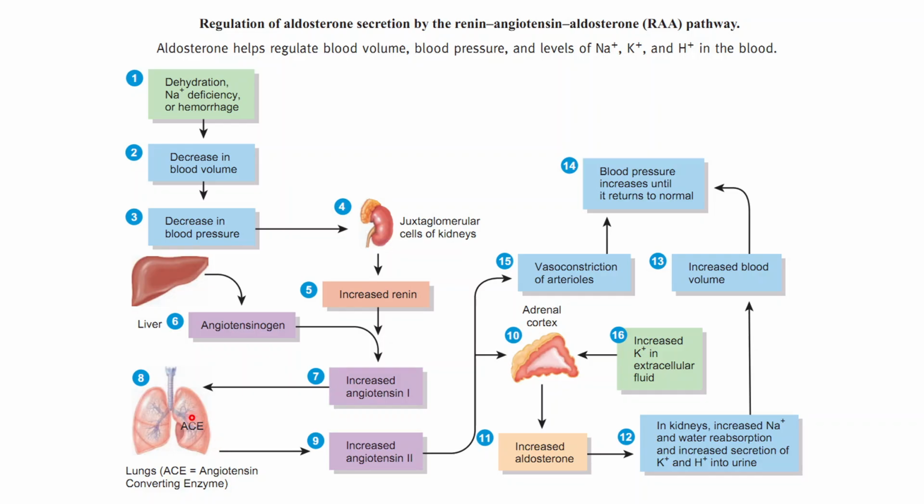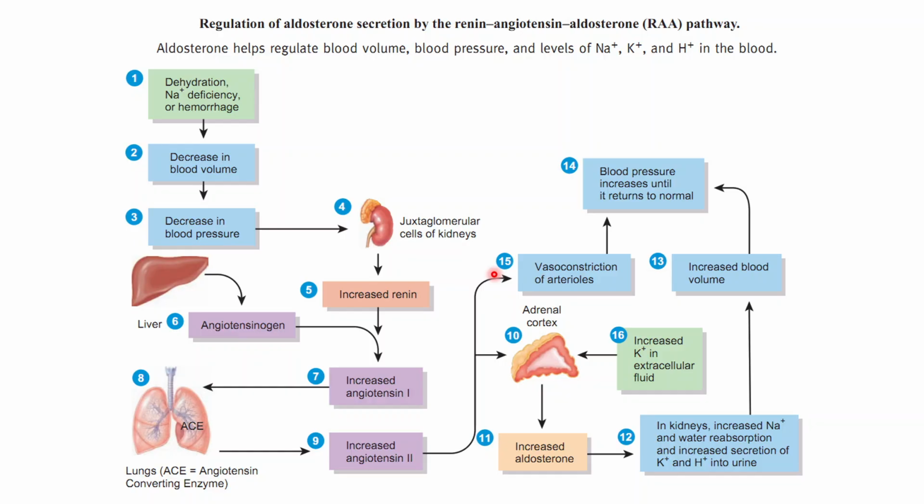Angiotensin 1 is converted into angiotensin 2 with the help of ACE in the lungs. And then this angiotensin 2, which is now the final active form and a central effector molecule in all of this, causes really potent vasoconstriction, constricting of blood vessels, causing a raise of blood pressure.